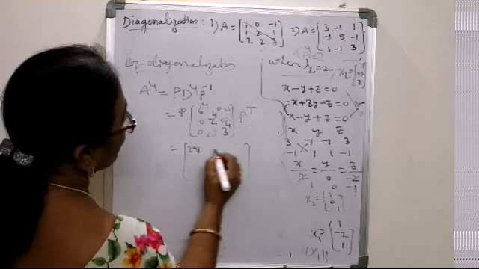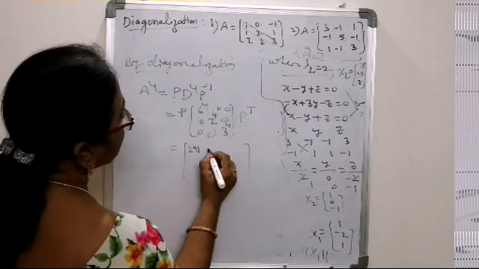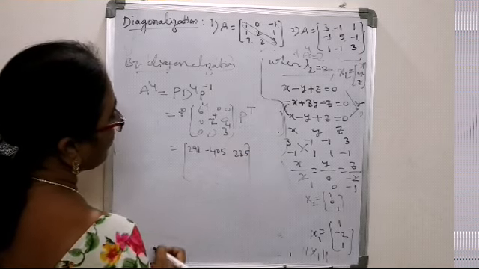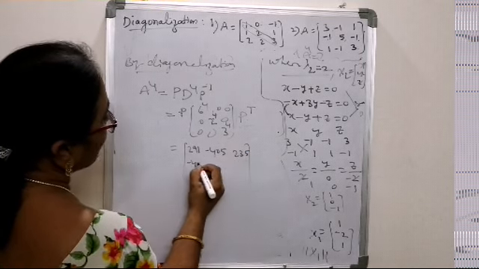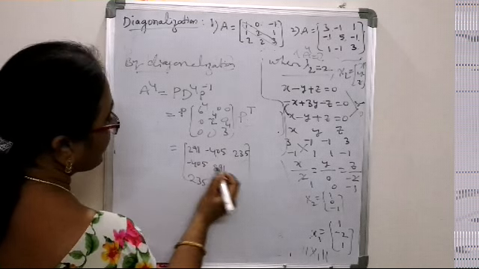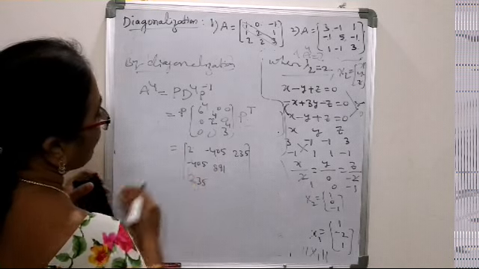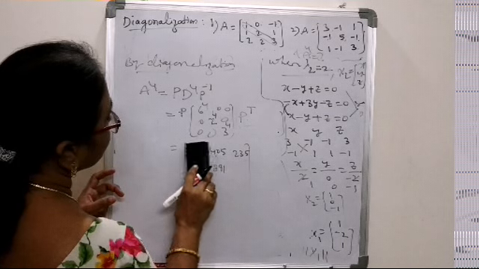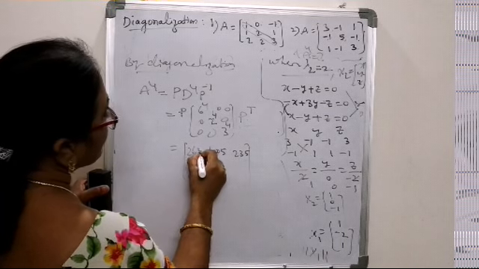It is 291. It is here -405. Here it is 235. And this element is -405. This is 235. In the middle we have 891. Sorry, this element we are going to get 265. It is 265.